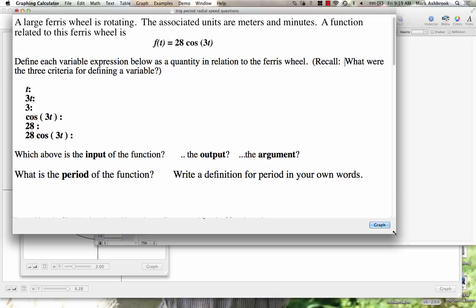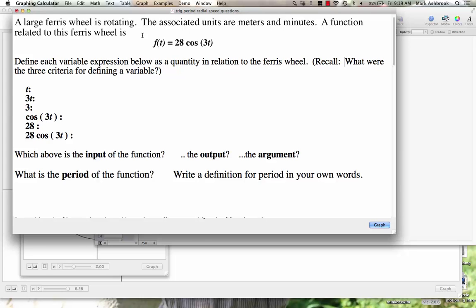Define each variable expression below as a quantity in relation to the Ferris wheel. So this is just like defining variables. Some of those are variables, some are variable expressions, some are just numbers, but you can apply the 3 criteria for defining a variable to all of them.